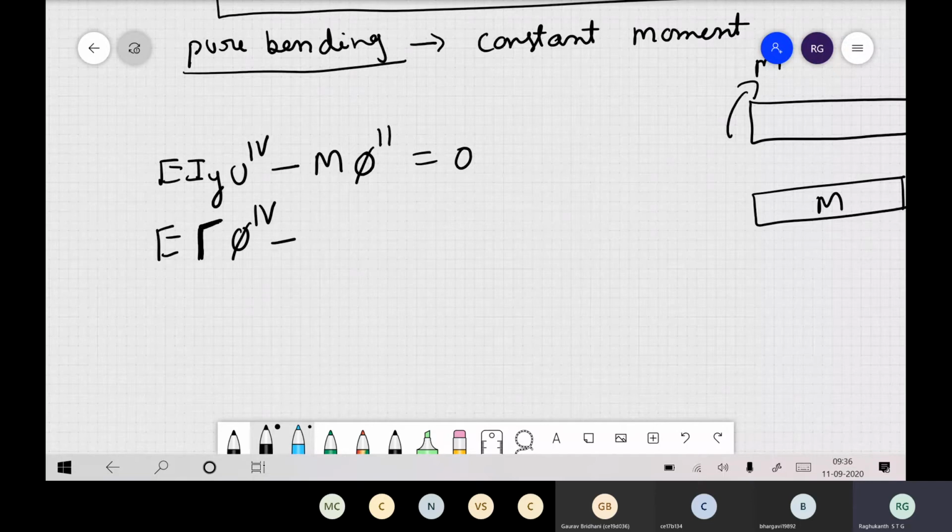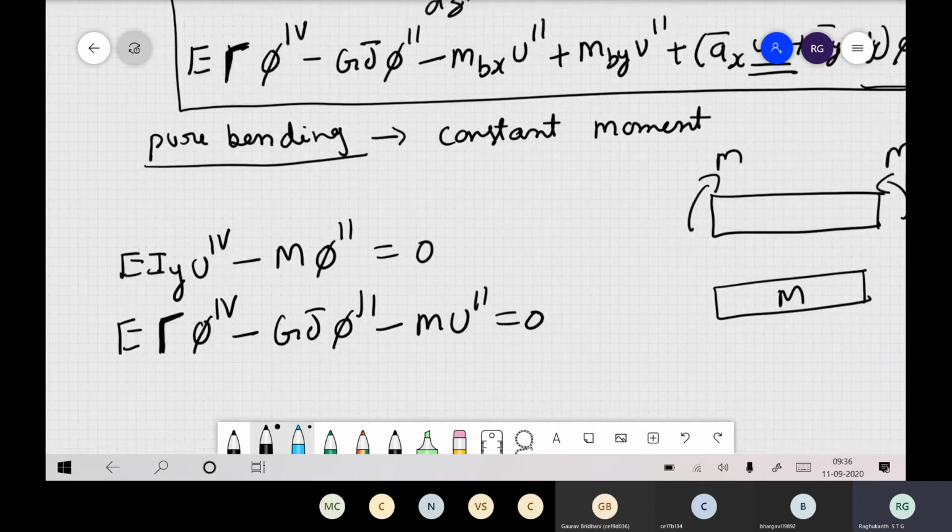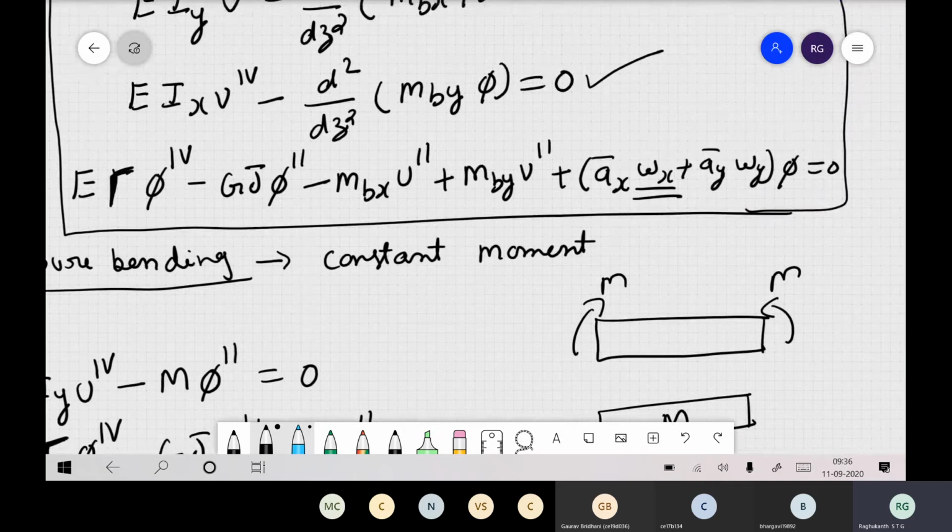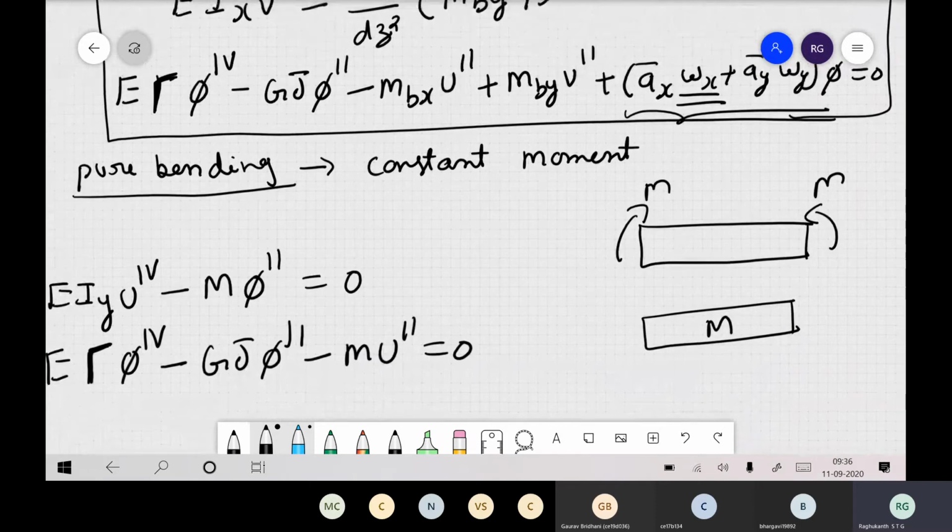Then EIw phi'''' minus GJ phi'' minus M u'' is equal to 0. Wx, Wy, all of them we have ignored, since the moment is constant, so they go away, and Mby also we have thrown out. So you are having M, you followed, right?